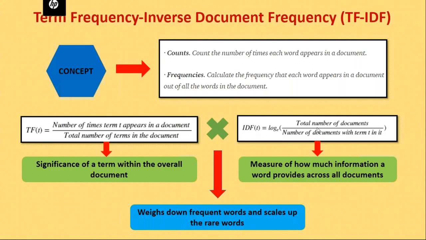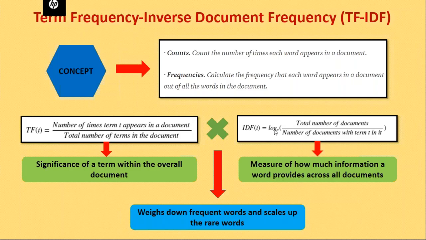Suppose there are 10 documents, and there is a very unique word which can be found in only one document. Then what is the value of IDF? The total number of documents, 10, divided by the number of documents with the term T in it. Suppose there is only one document in which the rare word is present. Therefore, what will this division lead to?